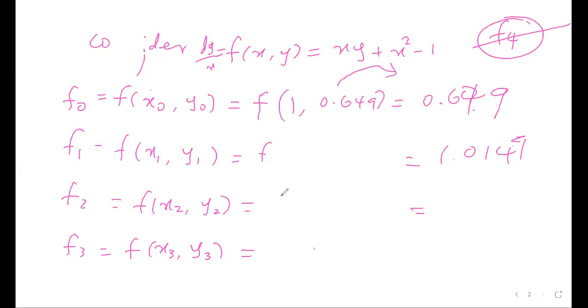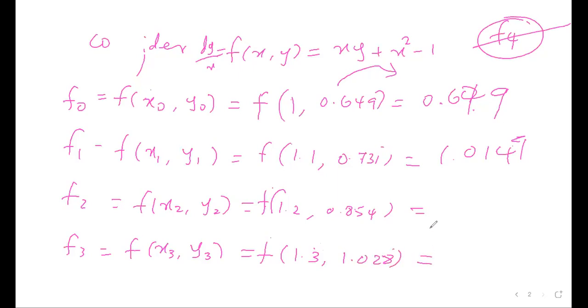You have to substitute f of 1.1, 0.731. This will be f of 1.2, 0.854. Sorry, this will be f of 1.3, 1.028. Using this, simply we can find it. Okay, good, 1.4648.